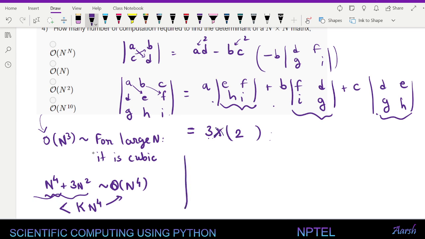So now imagine we have an n cross n matrix. A11, A12, all the way up to A1n, and then A21, A2n, and all the way up to AN1 to ANN.